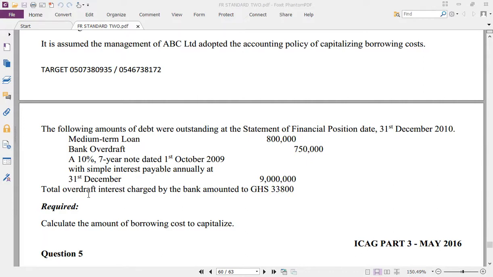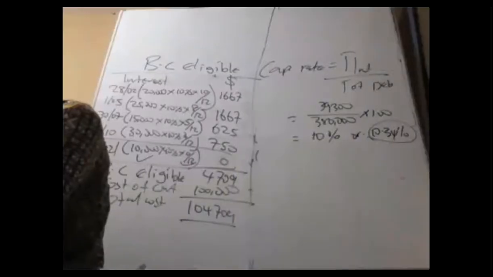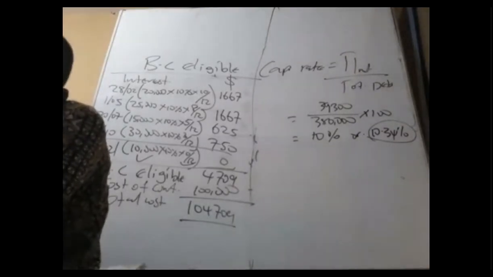But total overdraft interest charged by the bank amounts to 33,800. That is it. There's a question here. Okay. Great. So that is that.